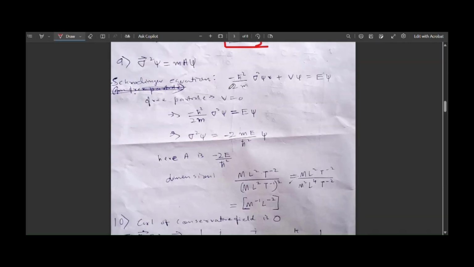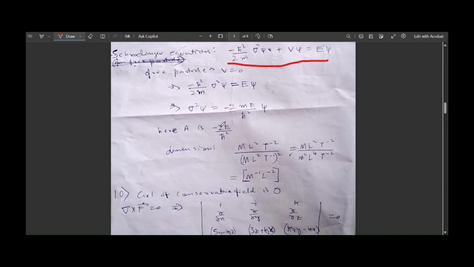So the Schrodinger equation goes like this: minus h square by 2m del square psi plus v psi is equal to e psi. But it is a free system, hence there will be no external potential, hence v is equal to 0. Thus the equation becomes minus h square by 2m del square psi is equal to e psi.